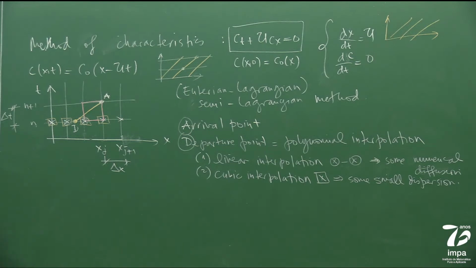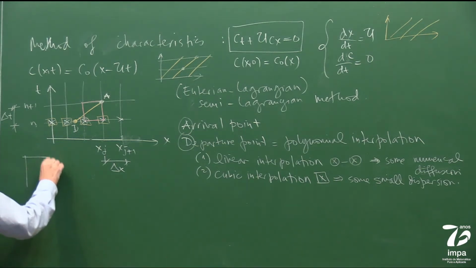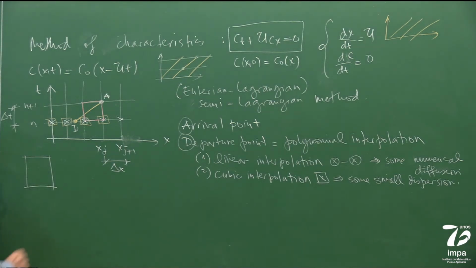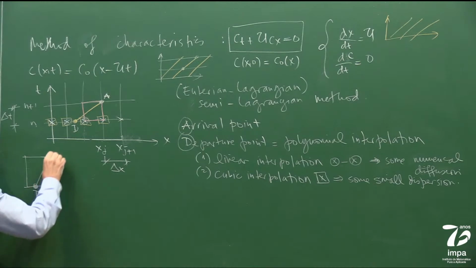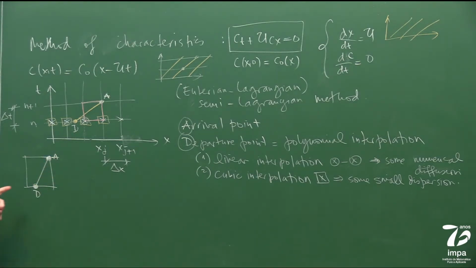If you've chosen a cell, and you have a situation like this, where the departure point fell inside the same cell, and you do a linear interpolation, it's pretty much the same as doing the upwind in terms of diffusion.